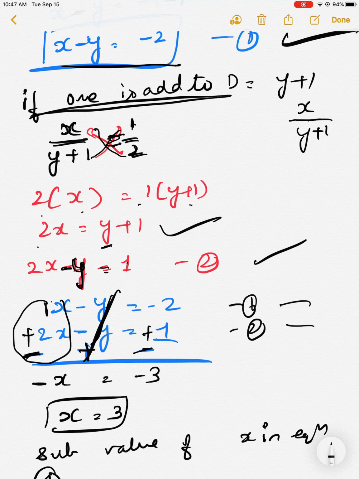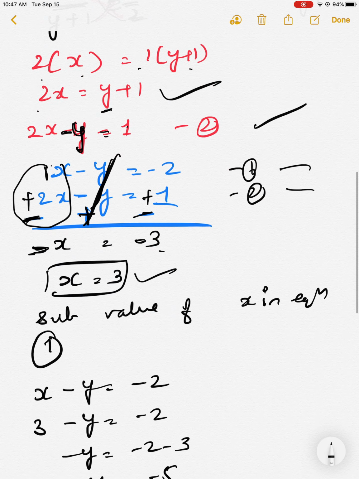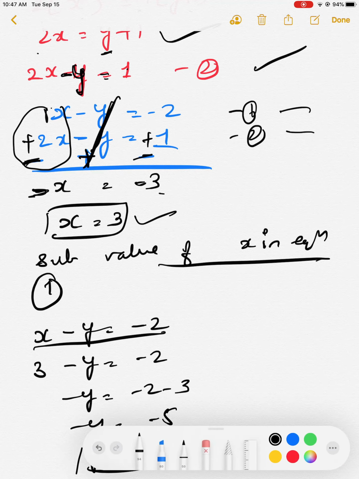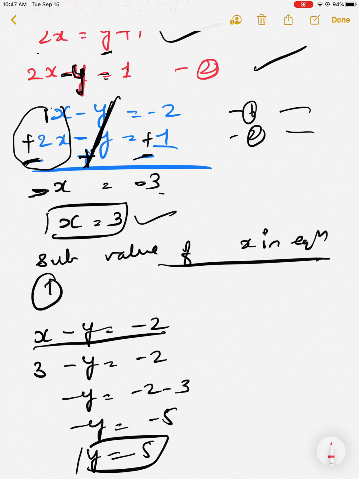Bigger number's sign is minus. Minus x is equal to minus 3, because on both sides the minus sign is there. So x is 3. Now, substituting the value of x in equation, either 1 or 2 you can take. This is the first equation. If we substitute the value 3, x minus y is minus 2, so 3 minus y is minus 2, and y is equal to 5.